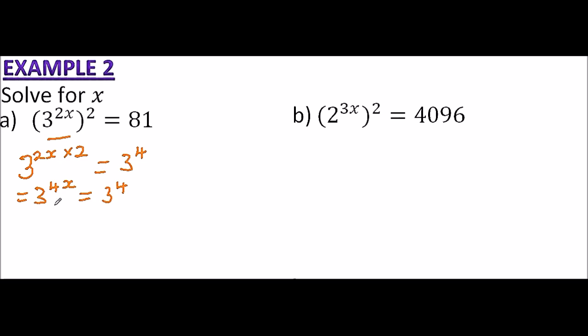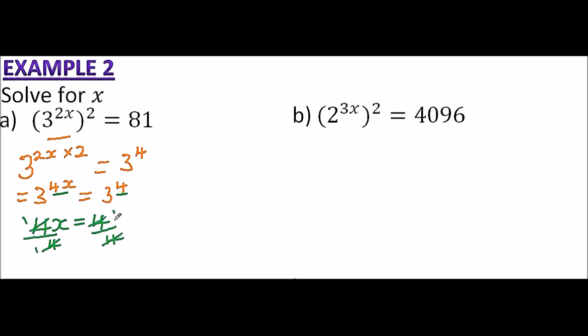Now you note that the powers, or the indices, have a common base. Therefore, we can equate the indices and say 4x is the same as 4. Divide both sides by 4. 4 divided by 4 is 1.